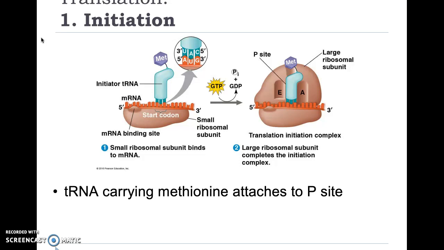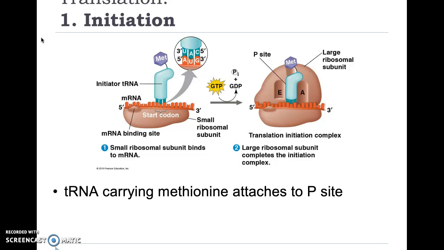That's the very first step that is initiated. After the tRNA is attached, and it has to have methionine attached to it, since that is the first amino acid in a polypeptide chain.